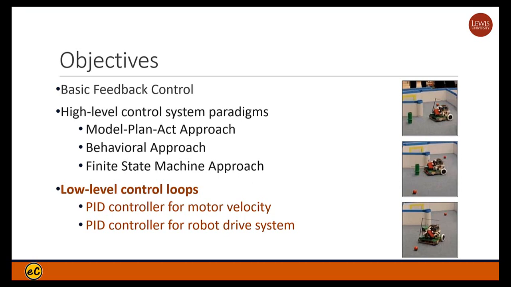Then there are high-level control system paradigms: the model-plan approach, the behavioral approach, and the finite state machine approach. And then the low-level control loop, which is for motor velocity control: PID, meaning proportional integral differential controller. These are typical control loops, not only for robots but for any general control as well.